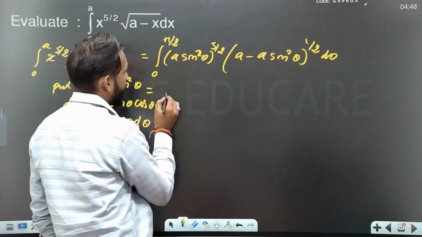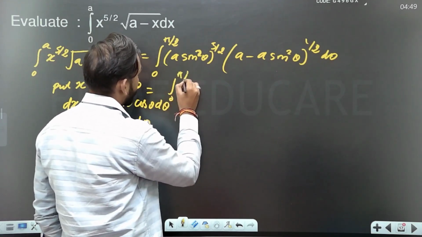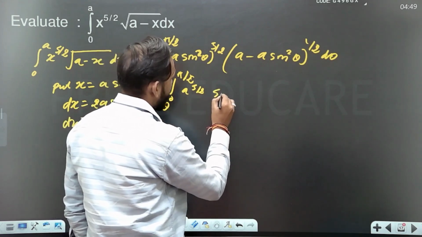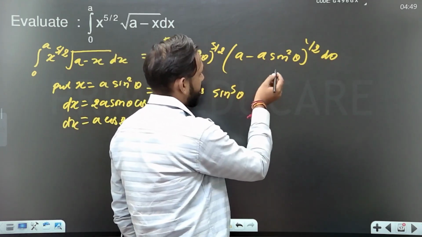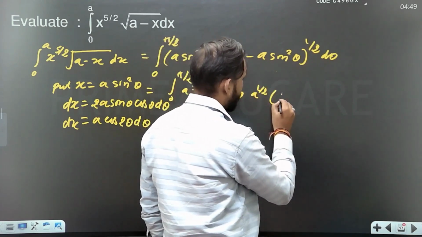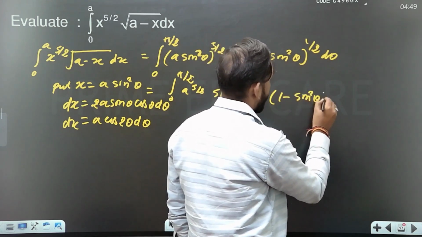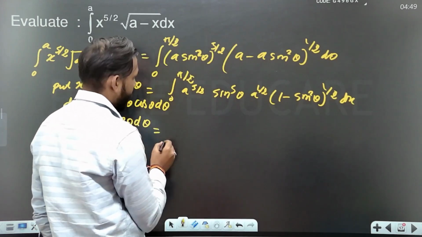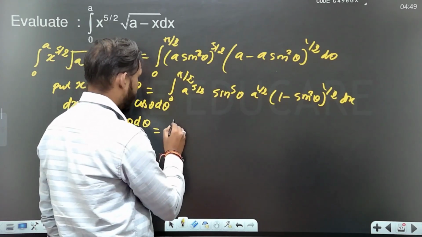Okay, and this is 0 to pi by 2, a to the power 5 by 2, and sine to the power 5 theta, and if we take a common from it, a to the power half, and we will have 1 minus sine square theta to the power half, and again the power 5 by 2 and half will be a cube, right?